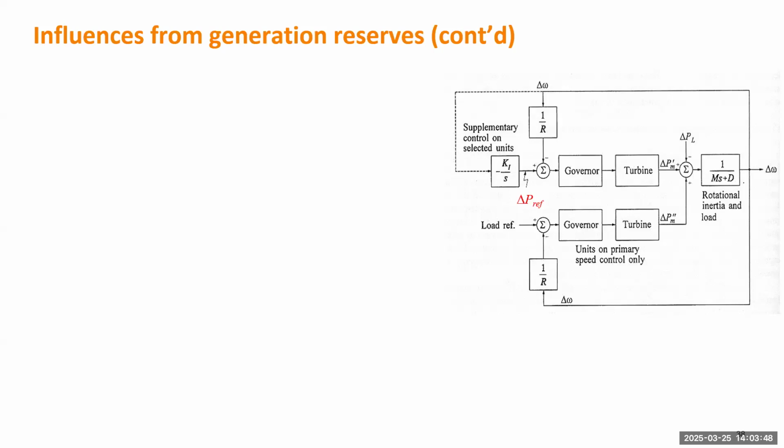Finally, the frequency will go back to 60 Hertz, as long as that unit has enough spinning reserve. If we only have 50 megawatts of spinning reserve but the load change is 100, it will never go back to 60 Hertz. As long as you have enough units connected to AGC, with total spinning reserve more than the load change, you'll be safe, okay?